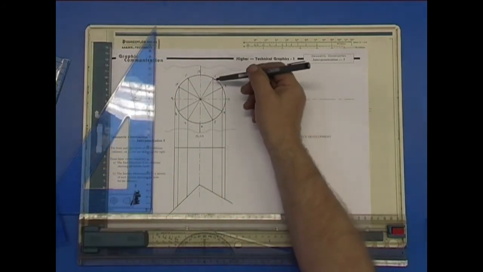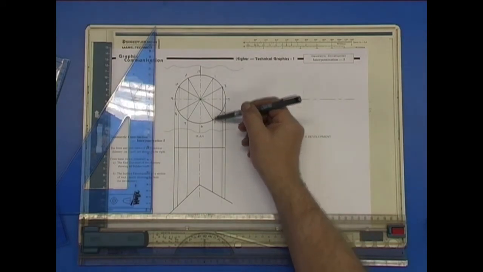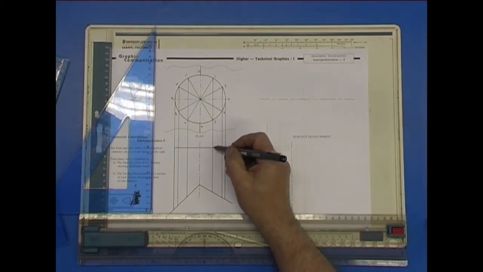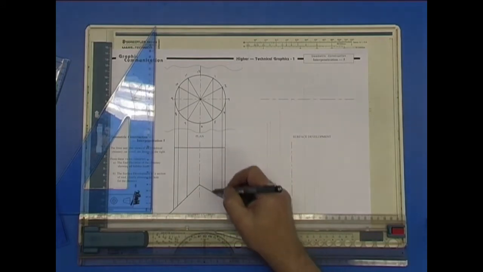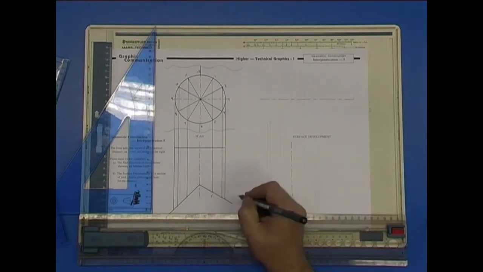Right, I've got point 1 down here, point 1 on the top of the cylinder, and 1 dash where it meets there.